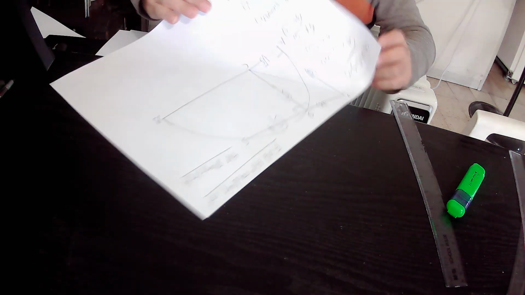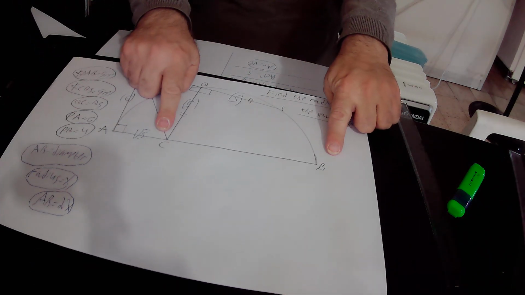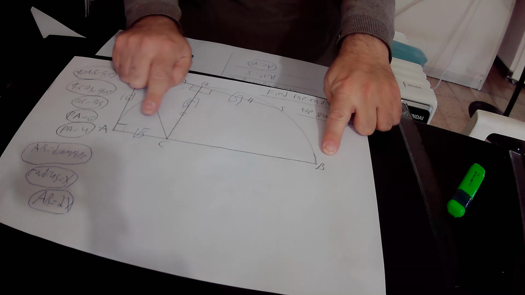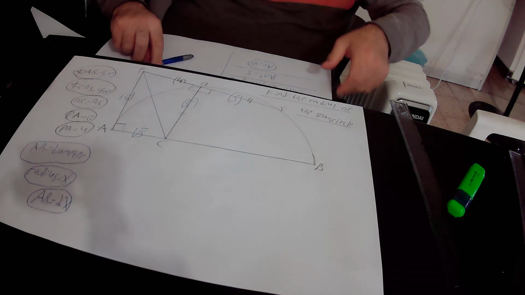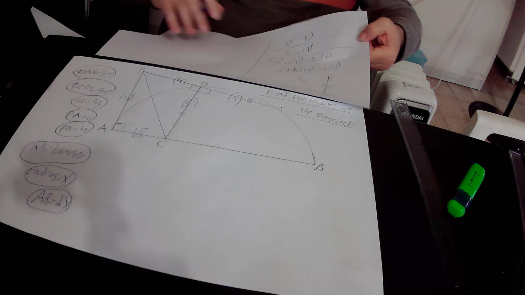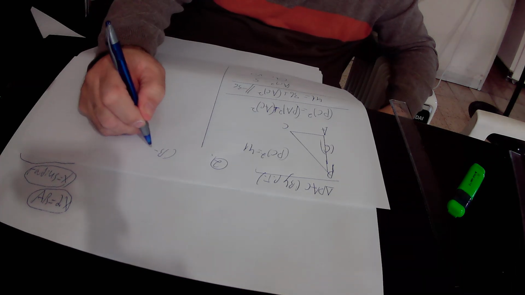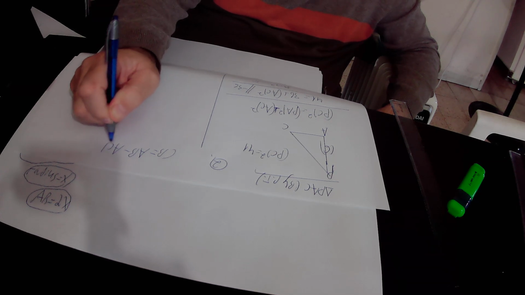What is the length of line segment CB? From the drawing, it is very easy to see that CB equals AB minus AC. Again, AB minus AC equals CB. So I'll write it down. CB equals AB minus AC.